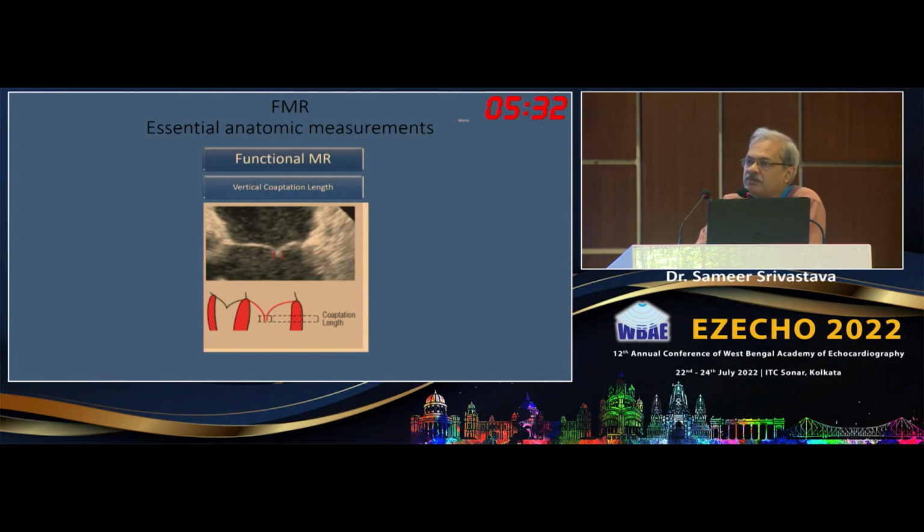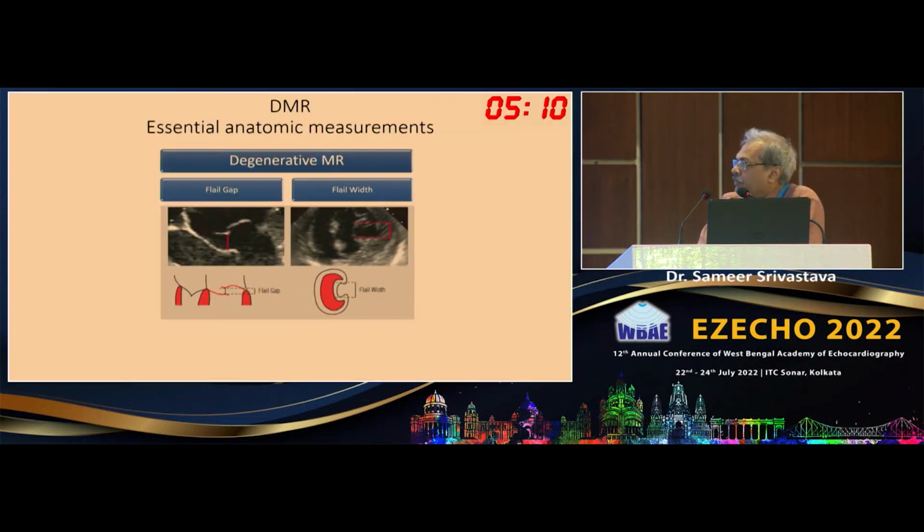Then there are certain other parameters you have to measure when you are talking specifically about MitraClip, and this is coaptation height. This should be there. And if the length of the PML is lesser than 7, you will find very little space for it to be clipped, and that's the reason why it may fail.